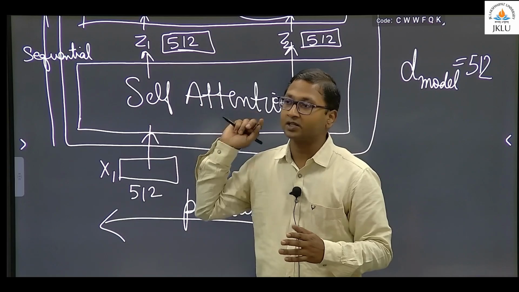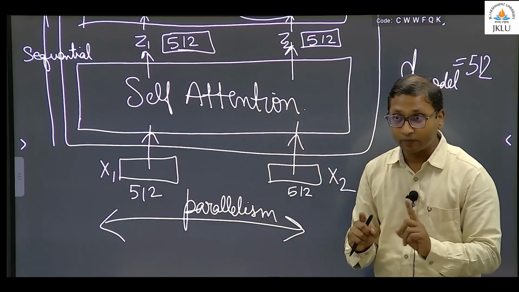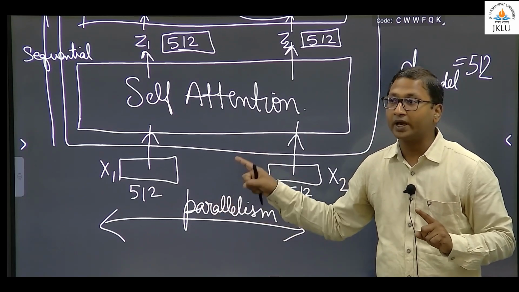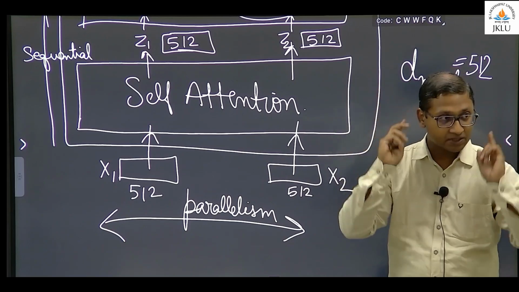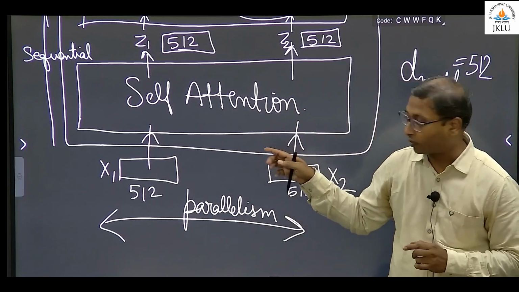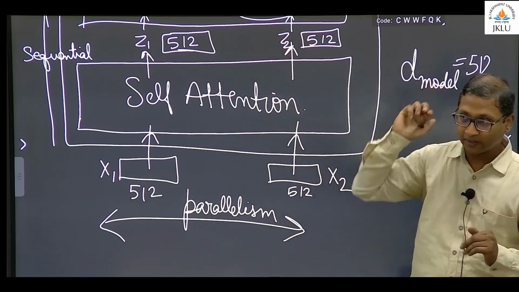That is inherently sequential. What the transformer does is give all 512 elements in parallel. This is a huge difference. This is the encoder, you give all 512 elements in parallel here.